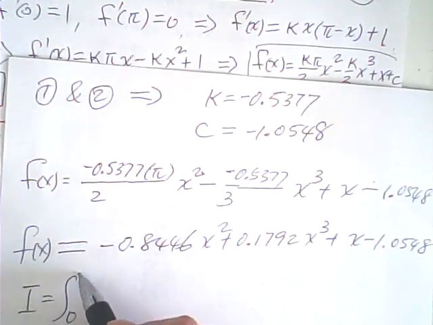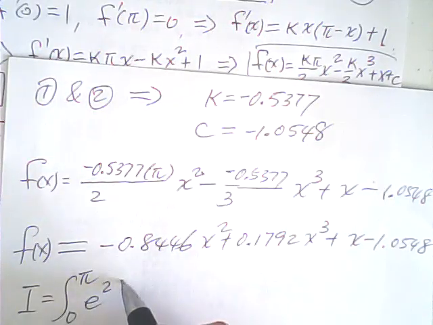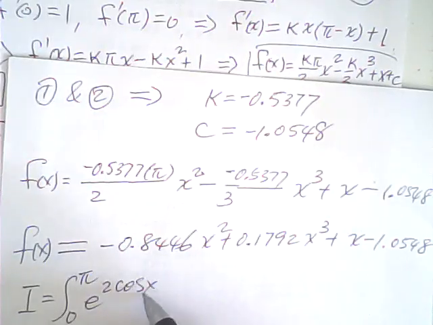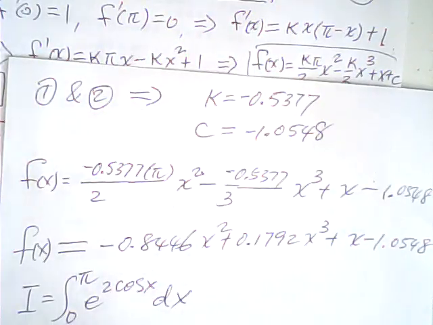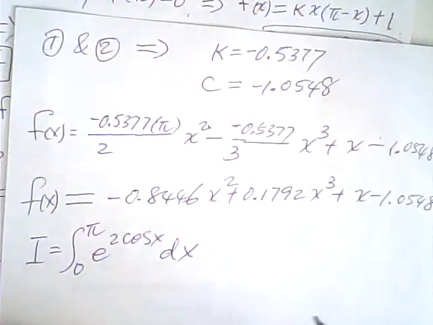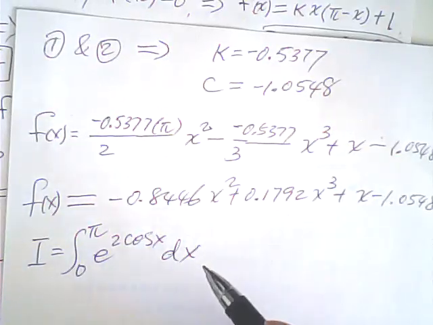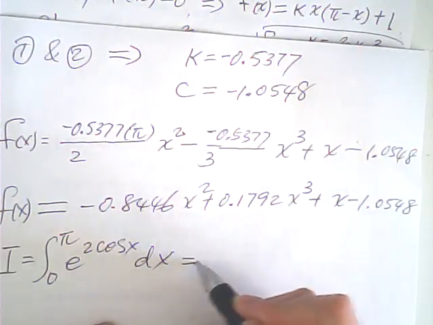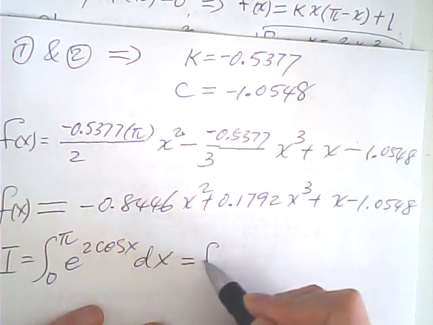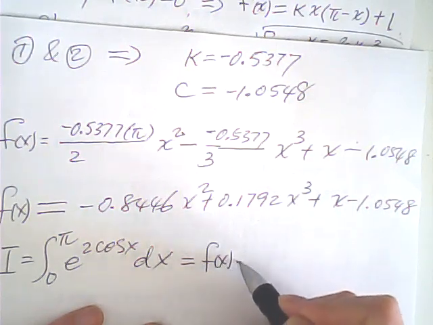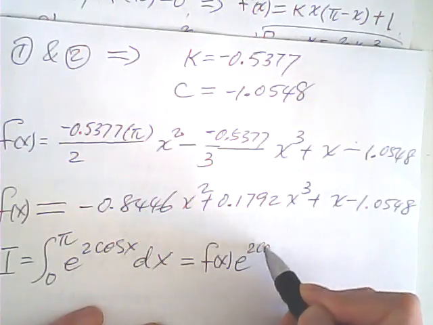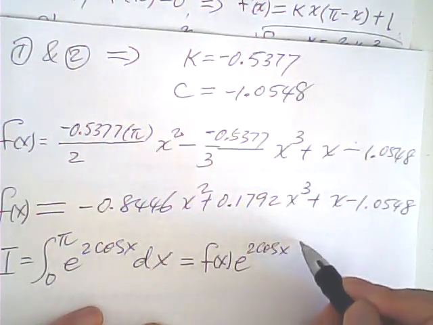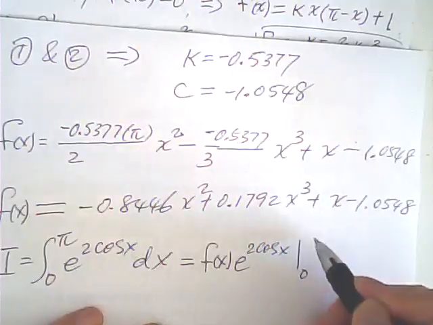Now, finally I can calculate the target integral, which is the integral of e to the 2 cosine x dx. This is our objective in the first place. Now this one is equal to f of x times e to the 2 cosine x from 0 to pi, right?